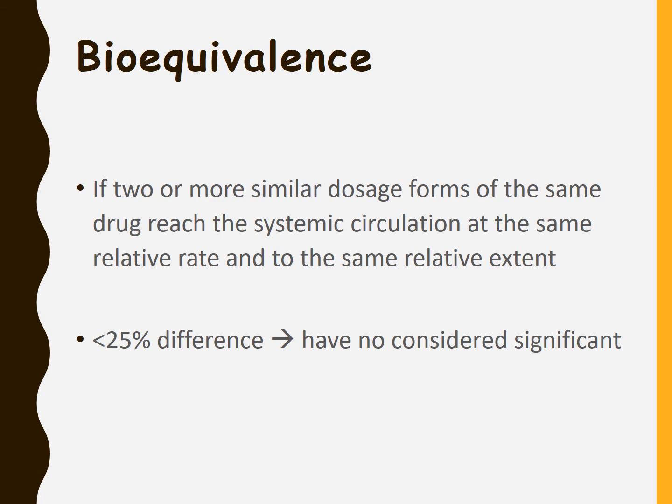A difference of less than 25% is considered to have no significance. So consider a drug A produced by two companies, X and Y, producing the same drug A.